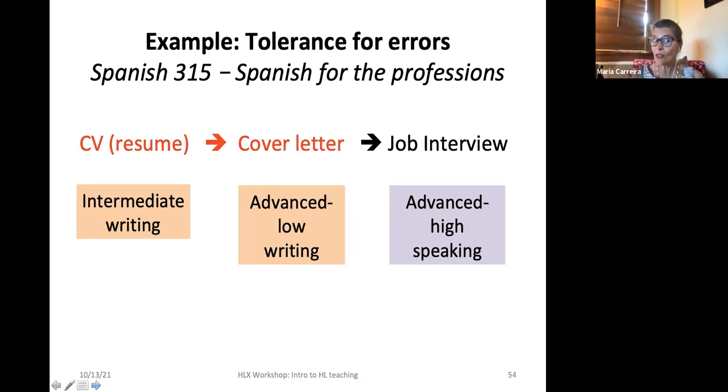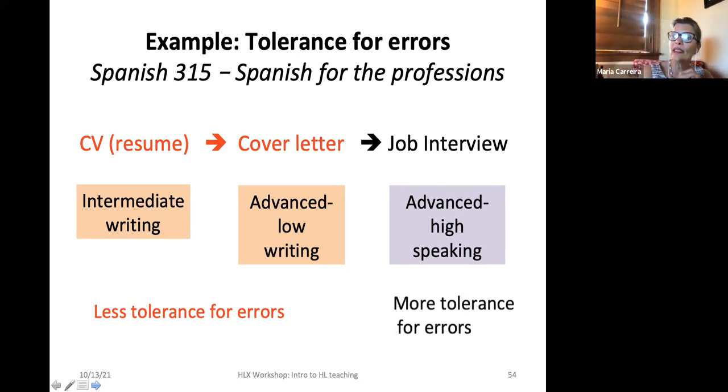Now, in terms of tolerance for errors, with the CV and the cover letter, because it's written, I have less tolerance for errors. We work through this slowly, right? So there, I hope that by the time they get to the end of these pieces of writing, it's pretty much error-free, because they've written a little bit of it, I've corrected it, or asked them to focus on something, they've edited it, and they fixed it up.